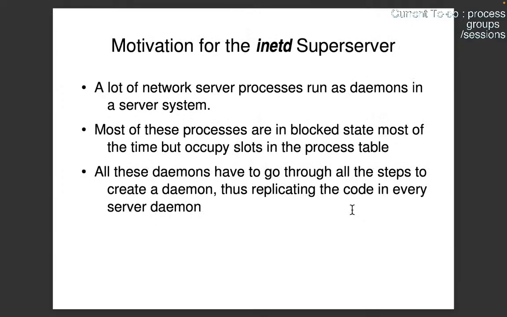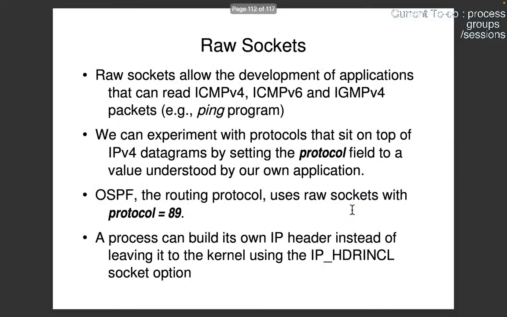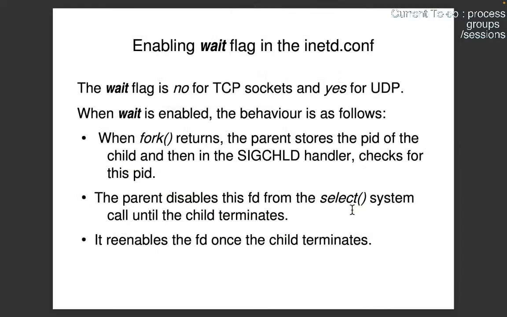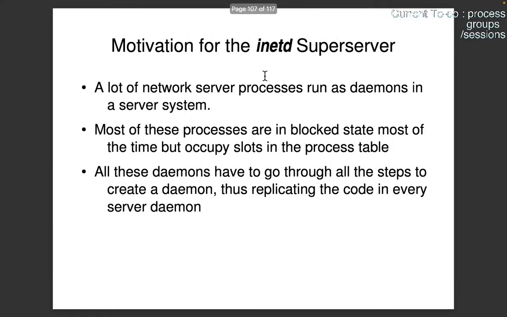Nice. Modification for the inetd super server: the wait flag in inetd. A lot of network servers run as daemons in a server system. Most of these processes block most of the time, but occupy slots in the process table. All these daemons have to go through all the steps to create a daemon, thus replicating the code in every server daemon.